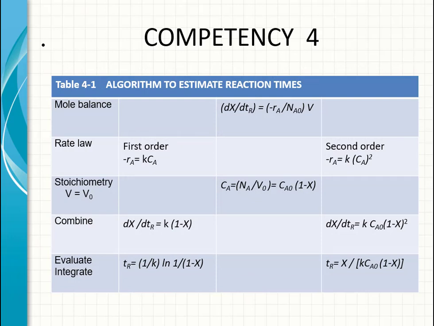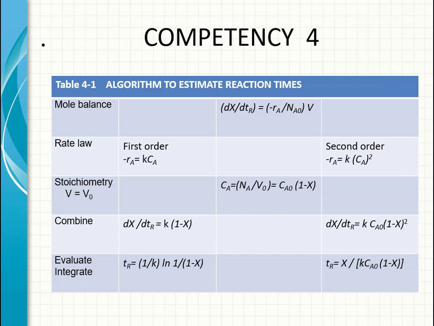Here in the first column we have mole balance, rate law, stoichiometry, combined, and then evaluate. First we have the mole balance, dX/dtR equal to minus Ra divided by Na0 times V. That's the mole balance.